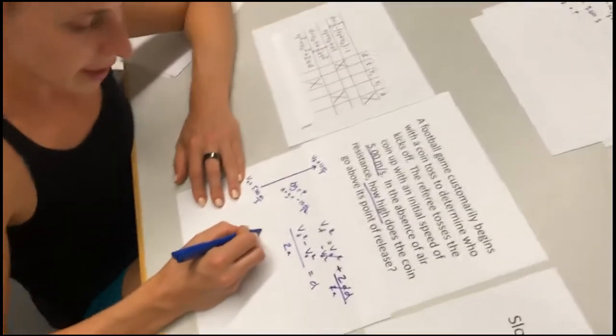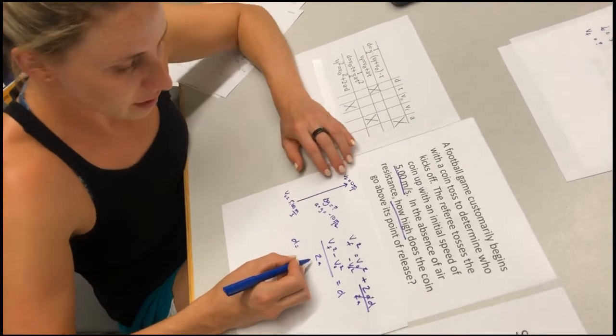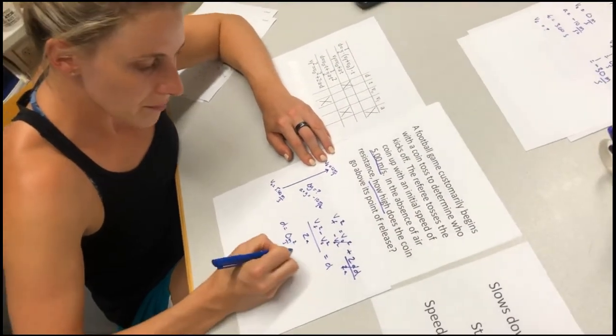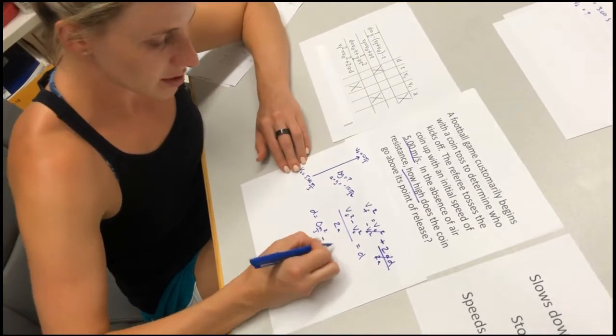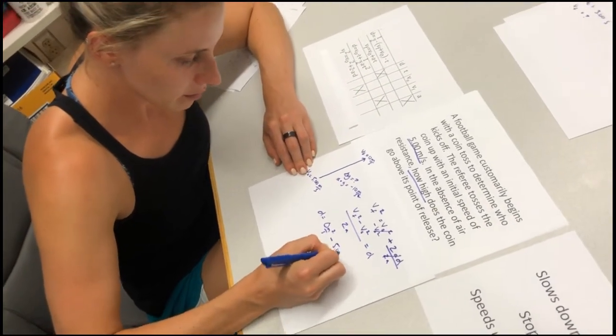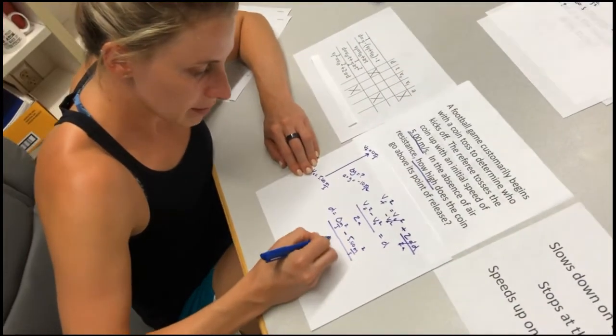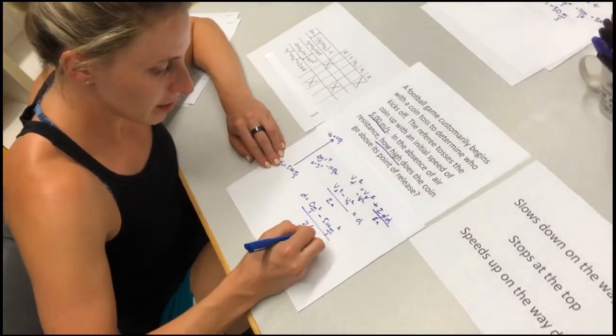All right, so now I'm going to go ahead and plug this in. So I'm going to say d equals, my final velocity was 0, subtracted by my initial velocity, which was 5. And then I'm going to divide by 2 times the acceleration due to gravity.